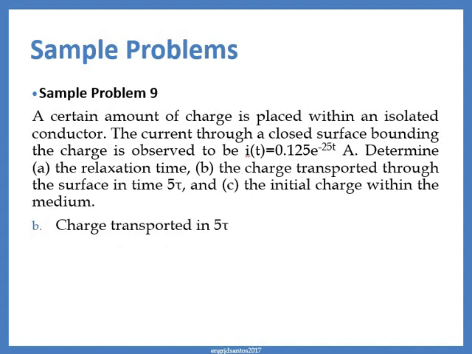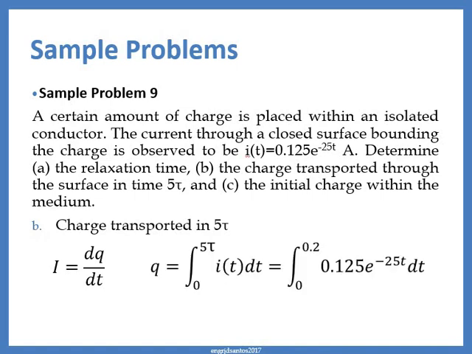So for letter B, the charge transported in 5 tau, we can solve that by looking at the equation for the current, which is given by the first derivative of the charge with respect to time. By rearranging this differential equation, we can get an equation for solving the charge.